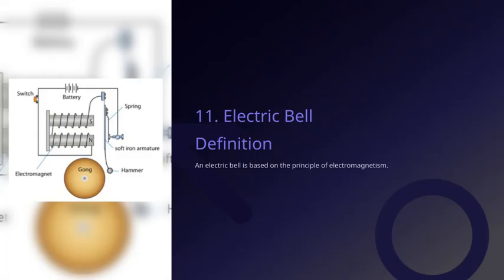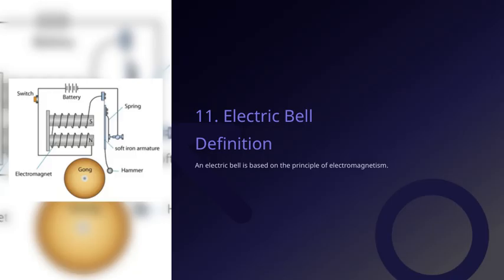Let's take a closer look at the electric bell. Essentially, an electric bell operates on the principle of electromagnetism. When an electric current passes through a coil, it creates a magnetic field. This magnetic field then attracts a metal armature, which strikes a bell to produce sound. The key idea here is that electricity and magnetism are interconnected, and we can use this relationship to create useful devices.